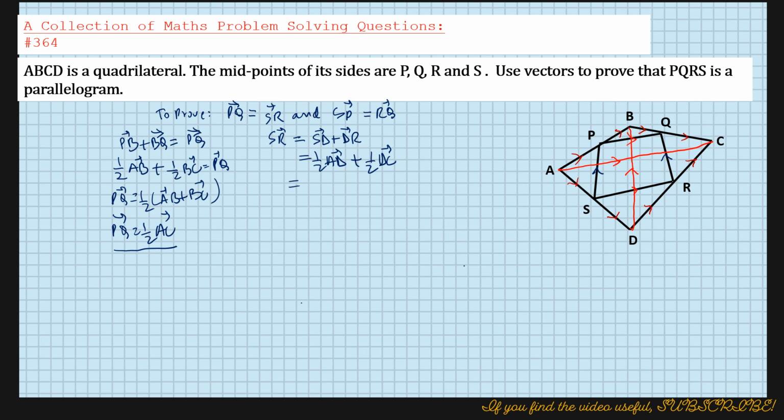So that is half of AD plus DC, and that would equal half of AC.